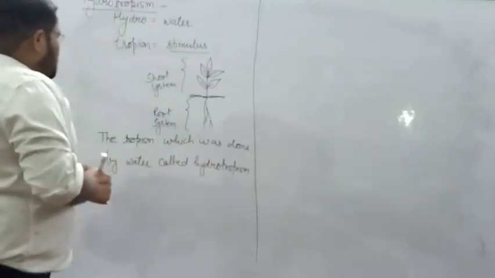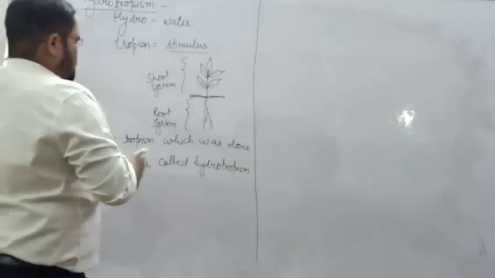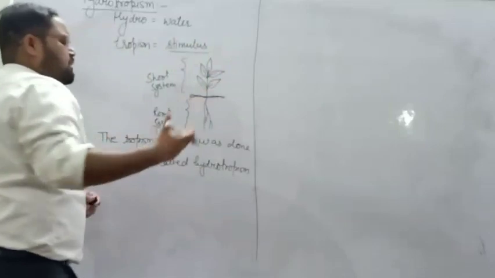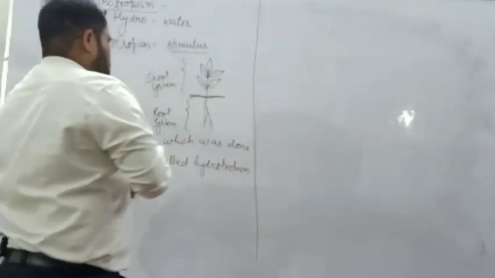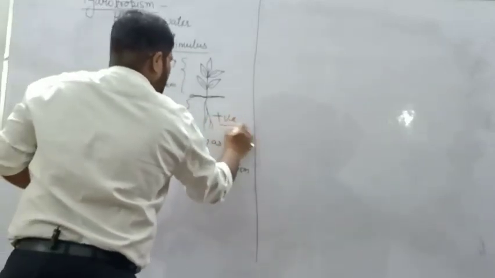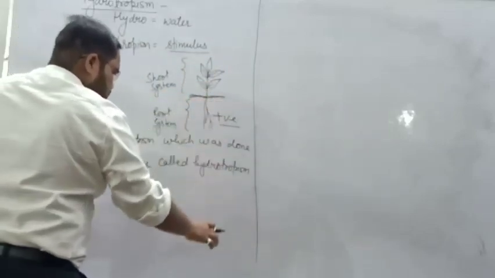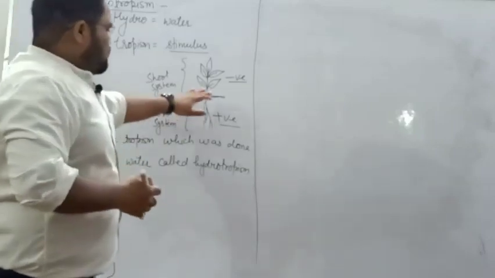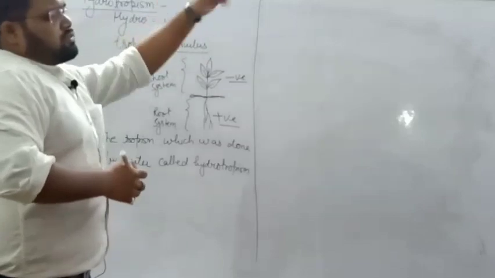Now, the second thing: suppose in a desert area, water is present just under the ground. The root will show positive hydrotropism, because the root grows toward the water, and the shoot will show negative hydrotropism, because the water flows from this side and the shoot grows just opposite to the water.